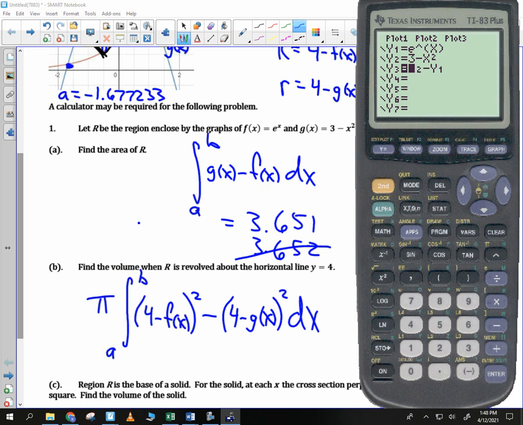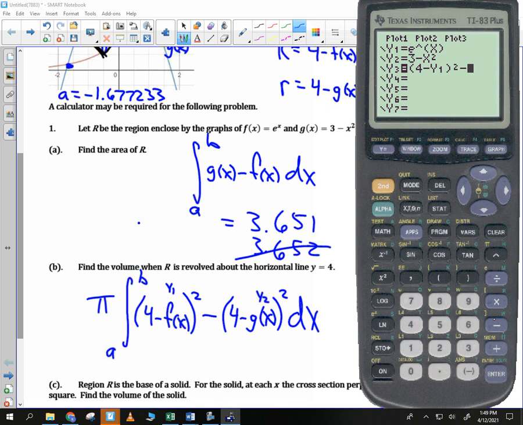Looks like my f of x is going to be my y1 value, and my g of x is going to be my y2 value. So I use those as I plug them in. It's going to look kind of ridiculous, but it works out just fine. Parentheses, 4 minus, and we grab our f, which is y1, and we square that.